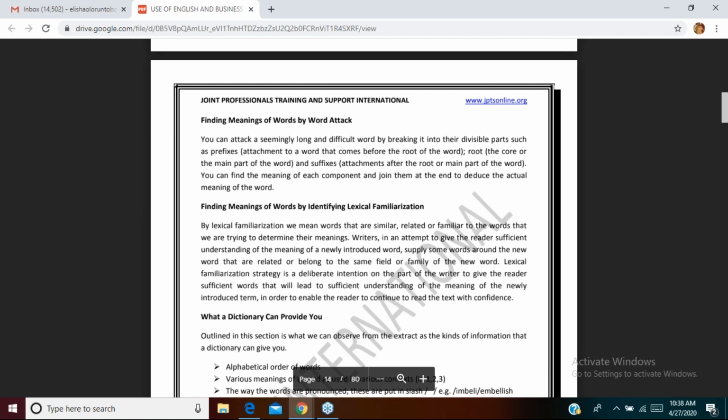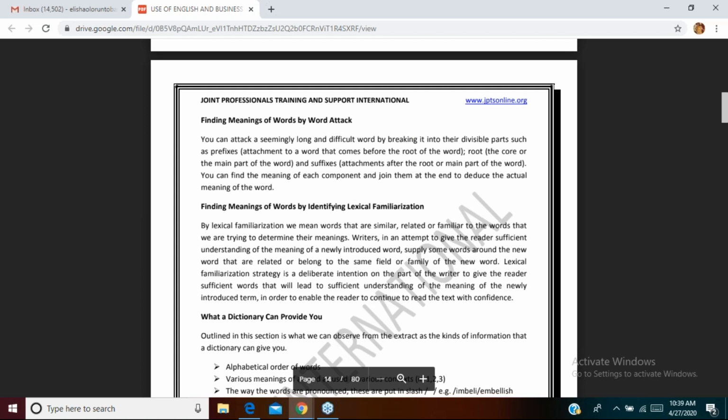Lexical familiarization. By lexical familiarization, we mean words that are similar, related, or familiar to the word that we are trying to determine the meaning of.